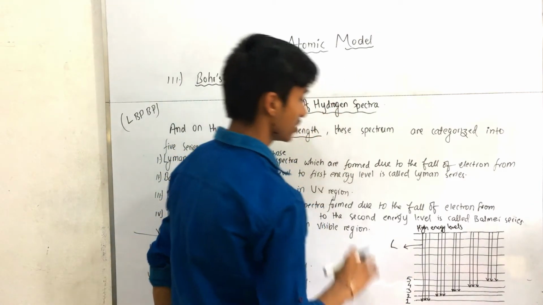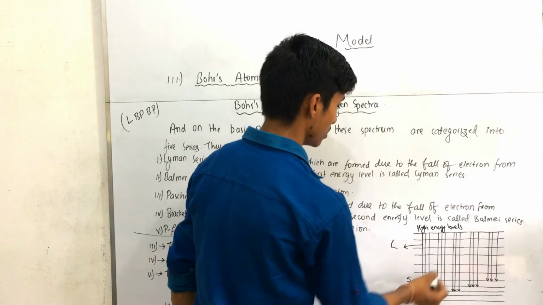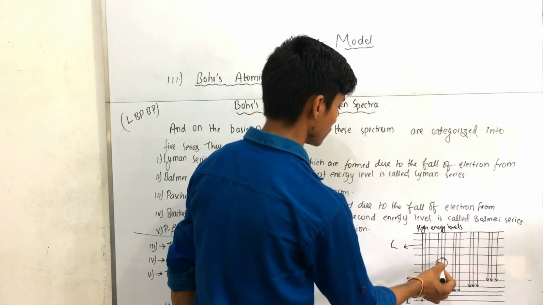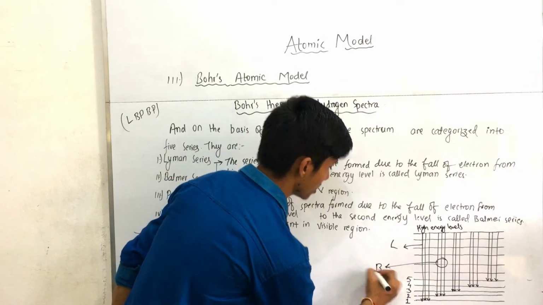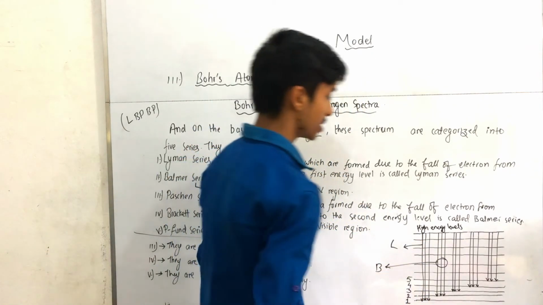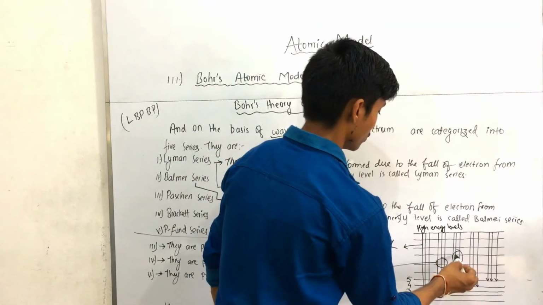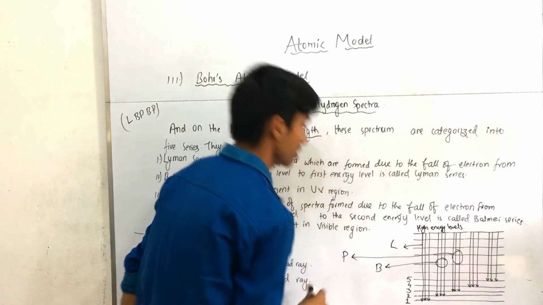Let's write L. And from higher energy level to the second energy level, which series is this? This is Balmer series. Right? B for this. And from higher energy level to the third energy level, this is Paschen series.